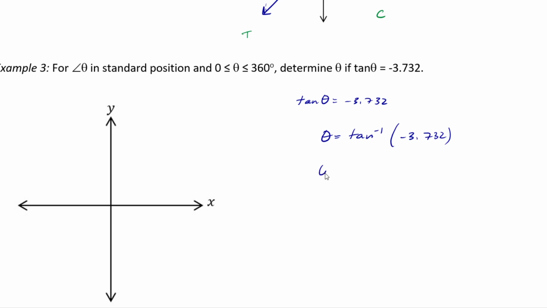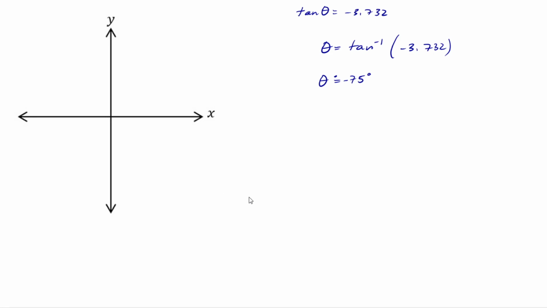And what I end up with is theta is approximately equal to negative 75 degrees. Well, if theta is equal to negative 75 degrees, that means my terminal arm is in the fourth quadrant, right? Because as you will recall, a negative angle means clockwise rotation from the x-axis.